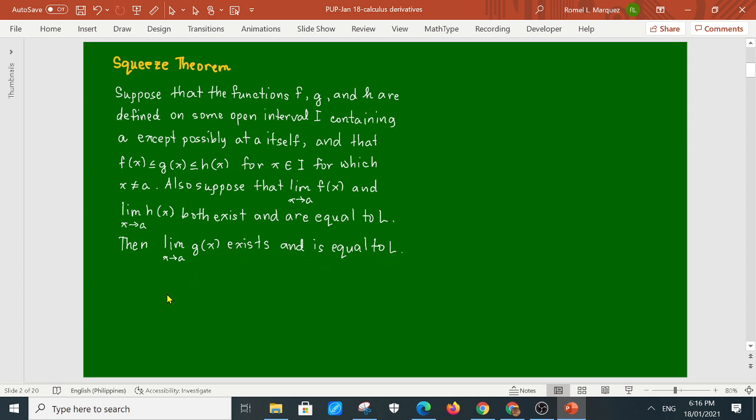Okay? So graphically, this is what it means. Let's say I have this graph. This is x equals a.